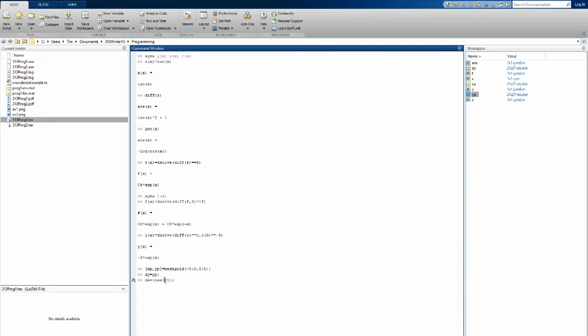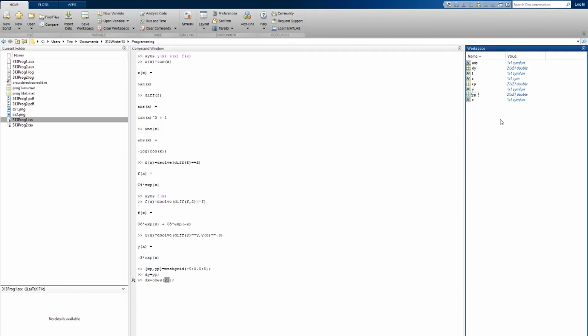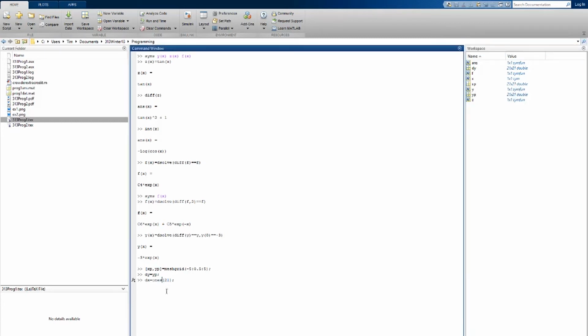Because my grid, if you look over at xp and yp, is 21 by 21, I want a 21 by 21 matrix with all 1's in it, and that's going to be dx. Now, if I take the entries of dy, divide by the corresponding entries of dx, I'll get the y value at each point, which is what I want from the differential equation.